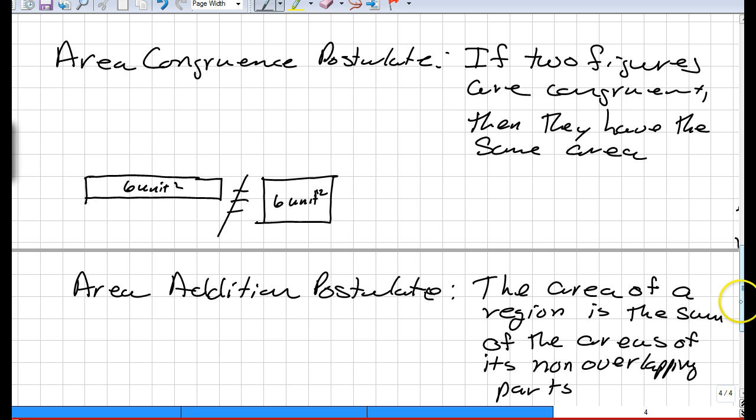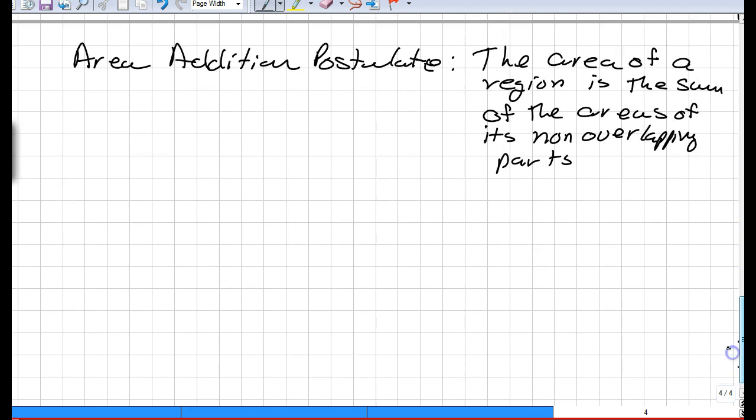Okay, so in other words, this postulate is the one that we use when we have some figure that is an odd shape.